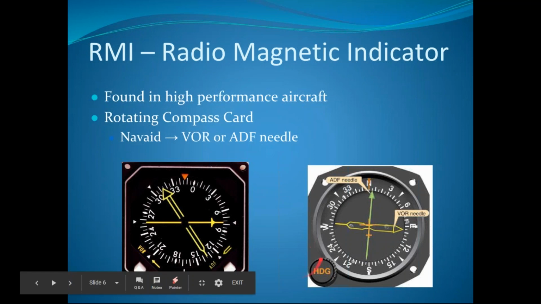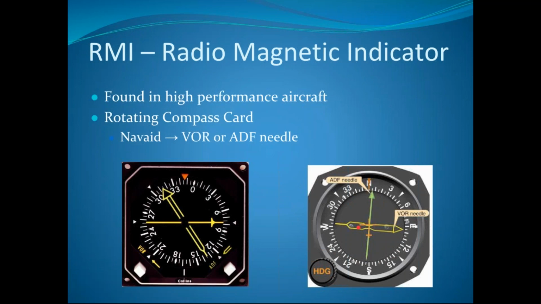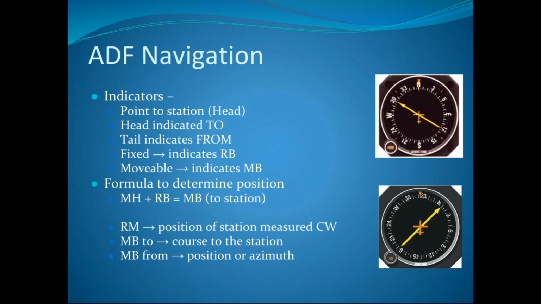The difference between the ADF and the VOR is this compass card will actually rotate. They can tune in the heading and rotate that compass card, and then the needles will adjust to the radial signals. So using ADF navigation or NDB navigation, the indicators point directly to the station.